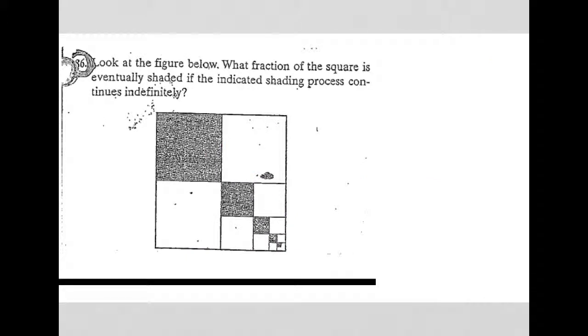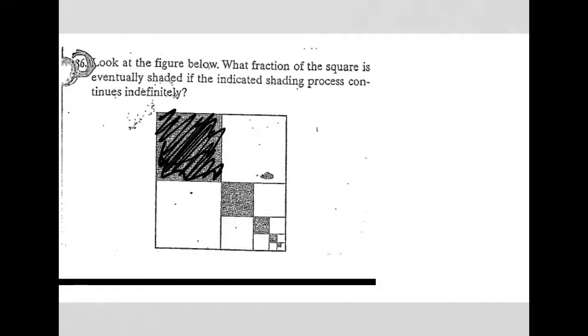Alright, last problem. Look at the figure below. What fraction of the square is eventually shaded if the indicated shading process continues indefinitely? So, we need to think of this as an infinite sum, and we need to think of each term in this infinite sequence as each progressing square, and whatever fraction of the whole that square is.